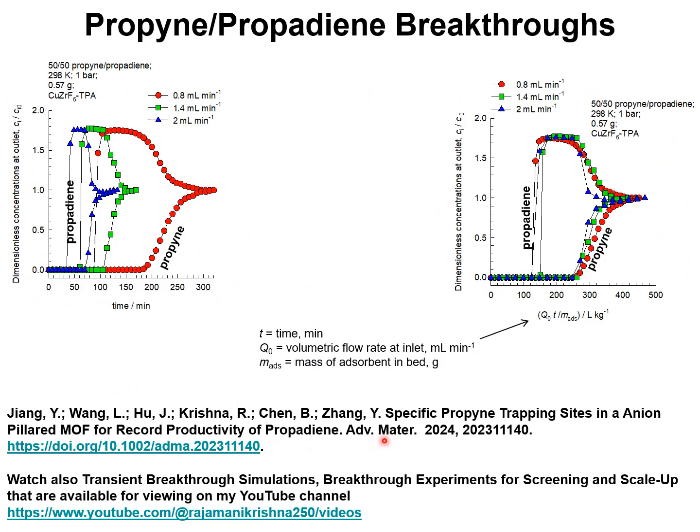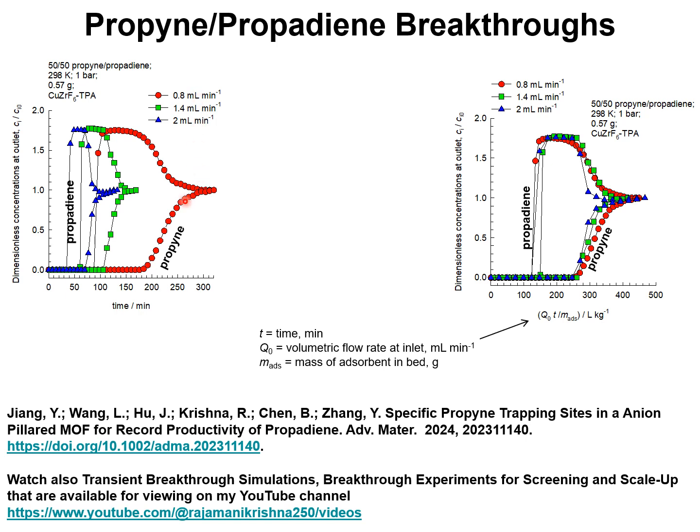In this paper that is online in Advanced Materials, transient breakthrough experiments are reported for separation of 50-50 mixtures of propyne and propadiene at a temperature of 298 Kelvin and total pressure of 1 bar in copper zirconium hexafluoride TPA. 3 sets of breakthrough experiments are reported with 3 different inlet flow rates of the gas mixture: 0.8 milliliters per minute, 1.4 milliliters per minute, and 2 milliliters per minute.